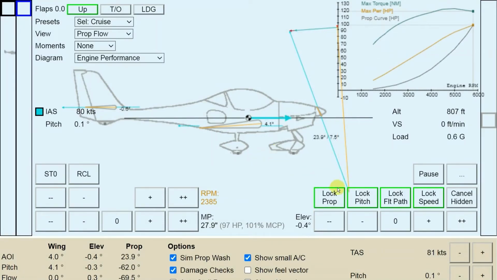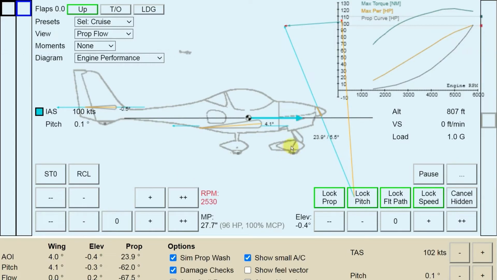Next, we return to our fixed pitch propeller and find out what happens if we fly faster than 80 knots. Let's increase our airspeed to say 100 knots and store this situation as well.